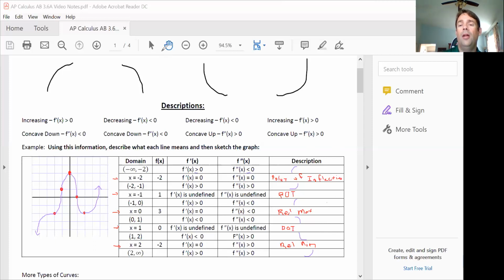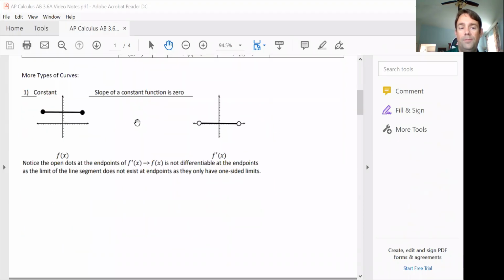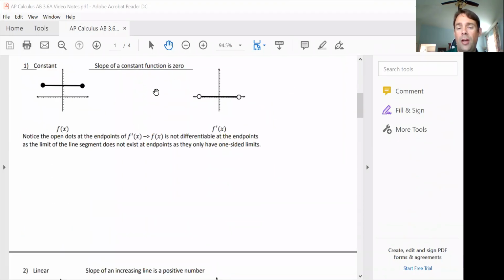All right, next up. We can actually go ahead now and play with it a little bit more and start to see how different piecewise functions go together, and what the graph and the first derivative might look like. So for instance, if I have a constant line, the slope of a constant line is 0.